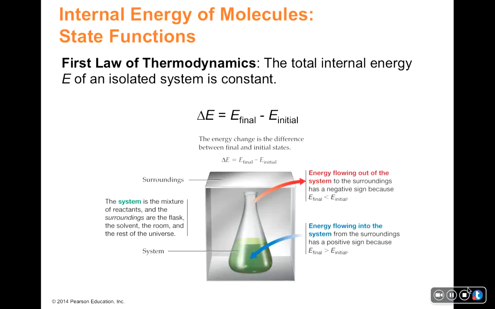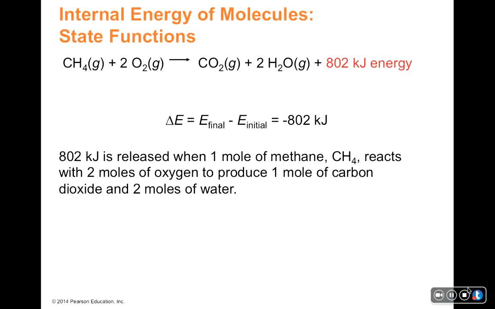So whether you're talking about energy or enthalpy or temperature, you're talking about the difference between the final and initial states. We'll come back to that, into and out of the system and surroundings, when we talk about enthalpy changes.